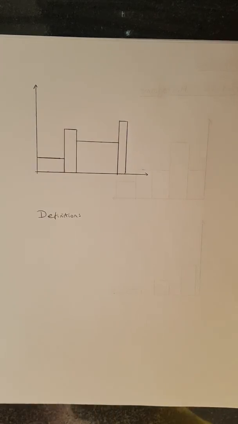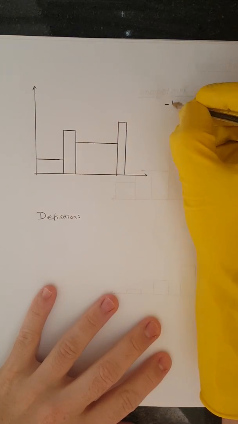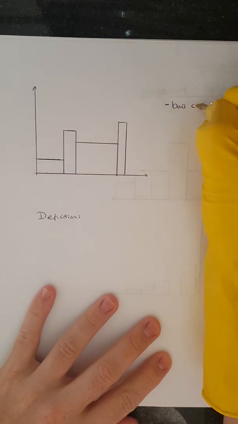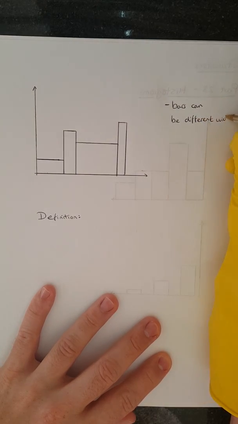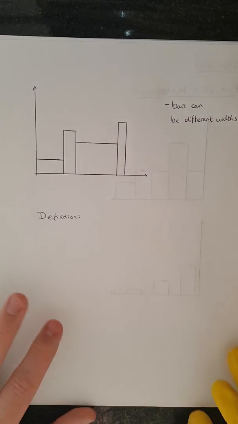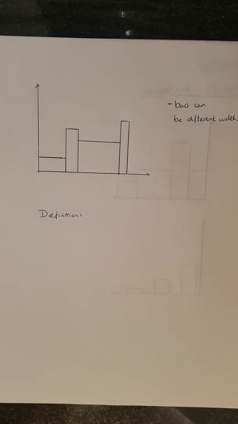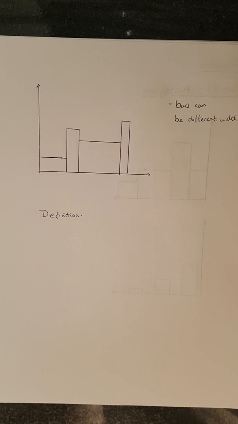So, our first thing we should note about a histogram is bars can be different widths. Okay. What's the consequence of that? How does that affect what we do and how it represents information?